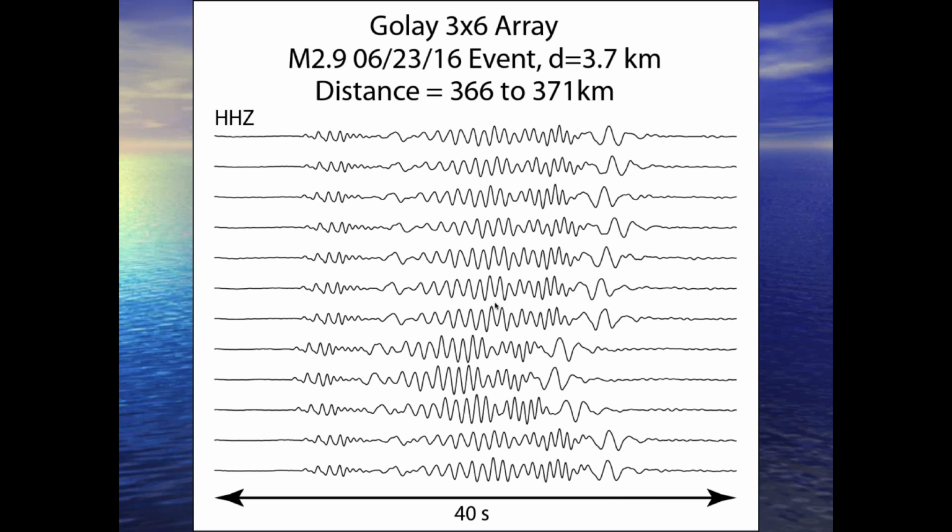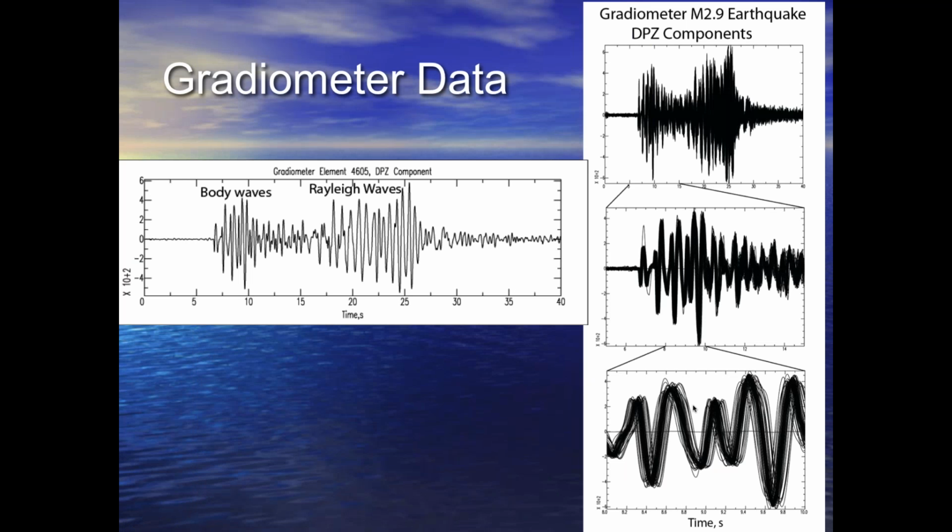This was June 23rd, so not all the sensors of the array were in, but 12 of them were, and it shows an amazingly correlated set of waveforms across there with body waves and then surface wave trains coming in across the array. The gradiometer data for that earthquake is also very impressive. We see body wave arrivals and surface wave arrivals.